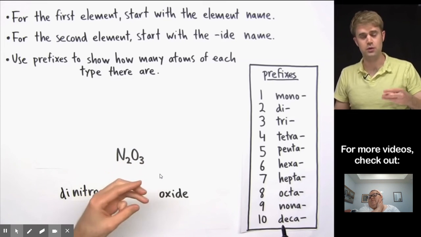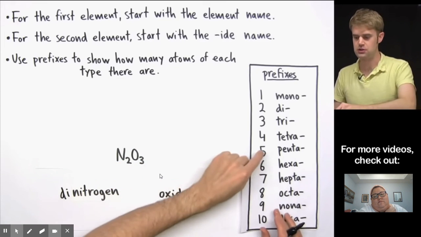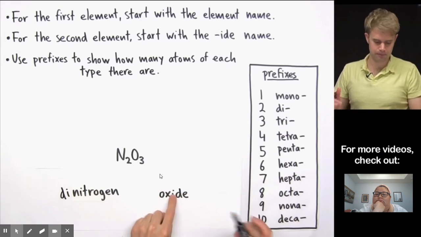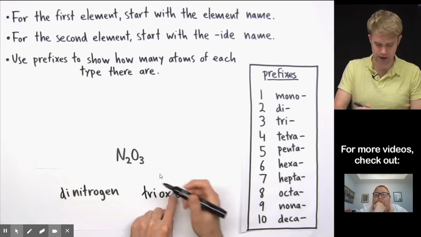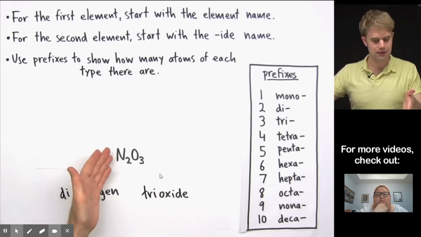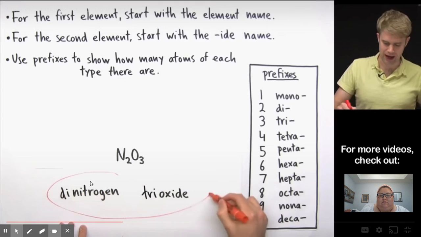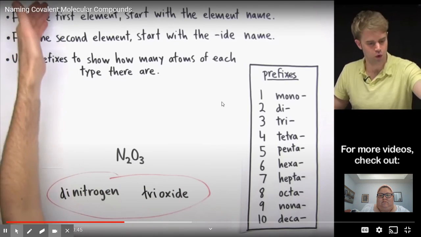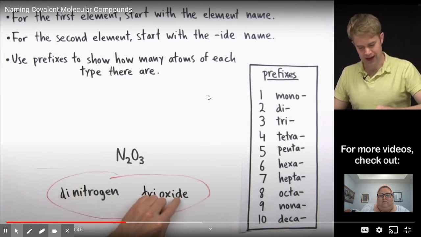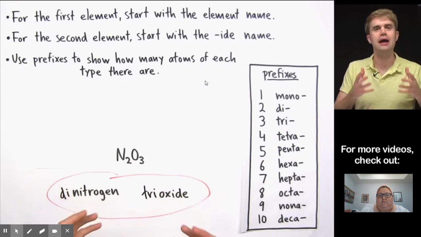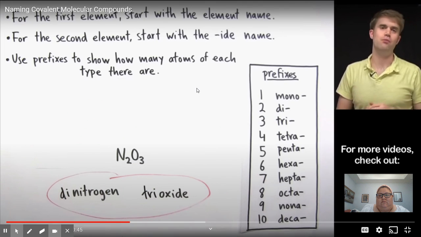Now O3, which means that we have three oxygens. So I'm going to use the prefix tri here and write that in front of oxide. And so the name for this compound is dinitrogen trioxide. We put the element name here, we put the IDE name here, and then we use the prefixes to indicate how many atoms of each type we have.